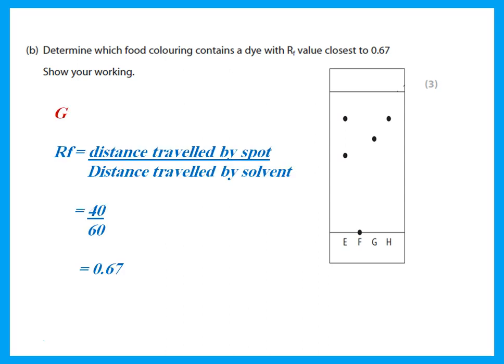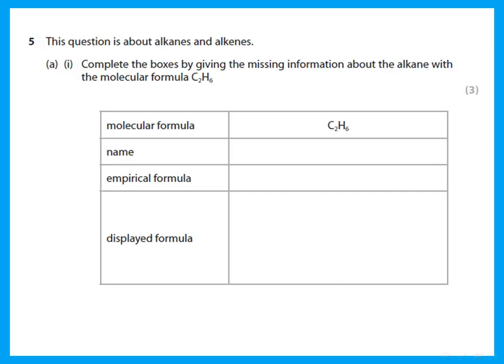So if you look at spot G and we measure the distance traveled by G over the distance traveled by the solvent, that means the distance up to the solvent front, that upper line, that would be about 0.67, so it is G.